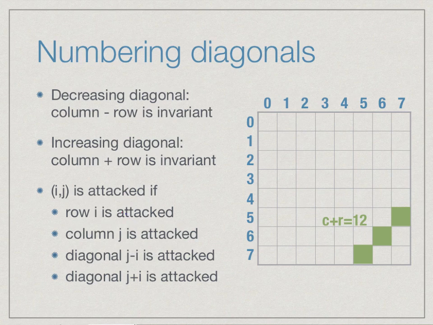So we can now conclude that a square at position ij is attacked if it is attacked by a queen in row i, or in column j, or if it is along the diagonal whose difference is j minus i, or along the diagonal whose sum is j plus i.